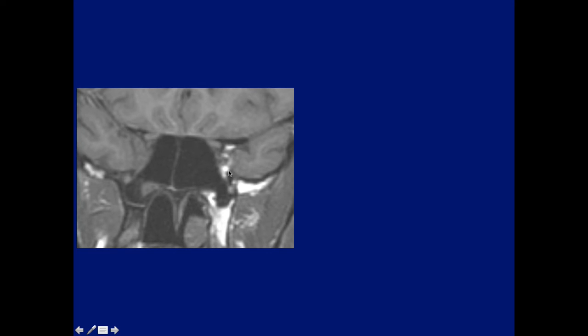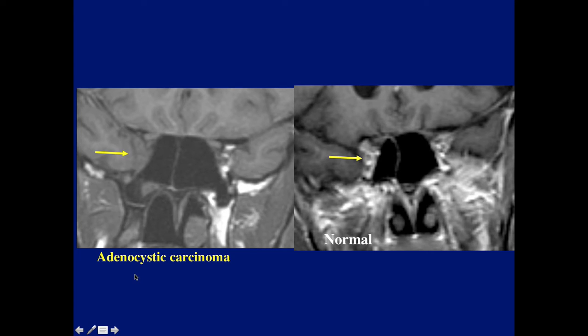Notice on the normal left side, you see fat. This is all opaque here. And the reason for that, this patient had an adenoid cystic carcinoma that is known to invade and follow many nerves. So again, notice on the normal, that's what you should see. On the T1, you should see a bright superior orbital fissure. This is all obliterated because of the invasion by the adenoid cystic carcinoma.